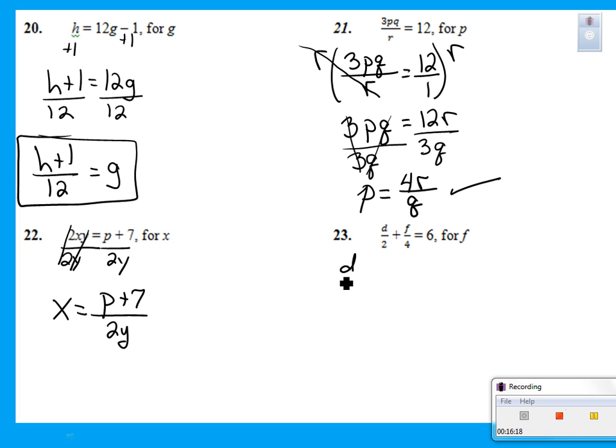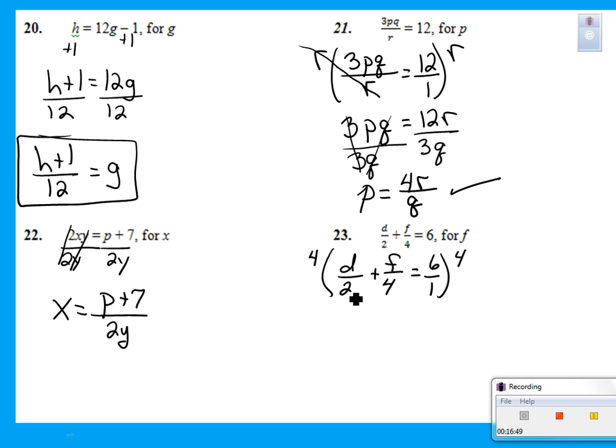Here's my number 23. I've got d over 2 plus f over 4 equal 6 over 1. I need to figure out the least common denominator of 2 and 4. When I say least common denominator, the number we pick, you have to be able to divide 2 into it, and you need to be able to divide 4 into it. So 2 is not the least common denominator, 4 is.